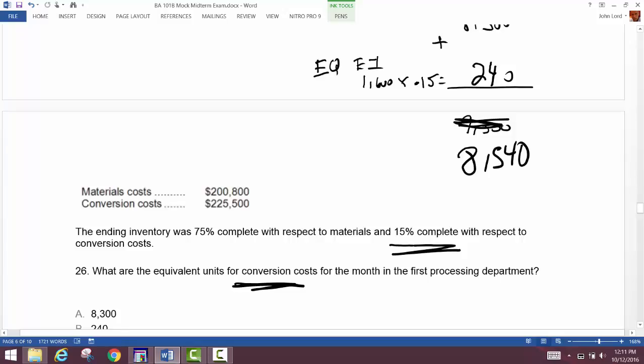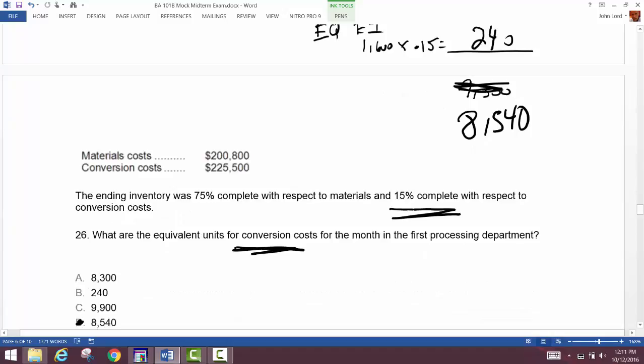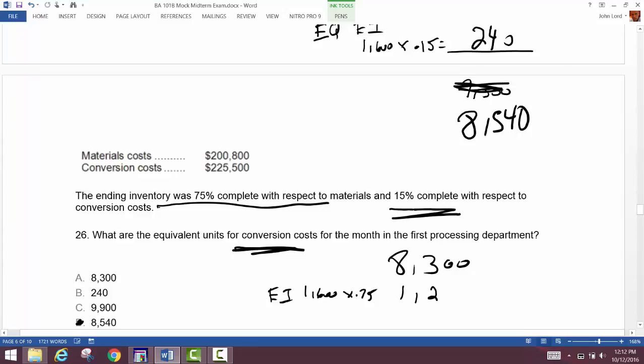Then I'm going to take the 1,600 units that I calculated for ending inventory. But this time, how much done were they for materials? Thank God it's right there: 0.75. And 1,600 times 0.75 is how much? 1,200. So that's 9,500.